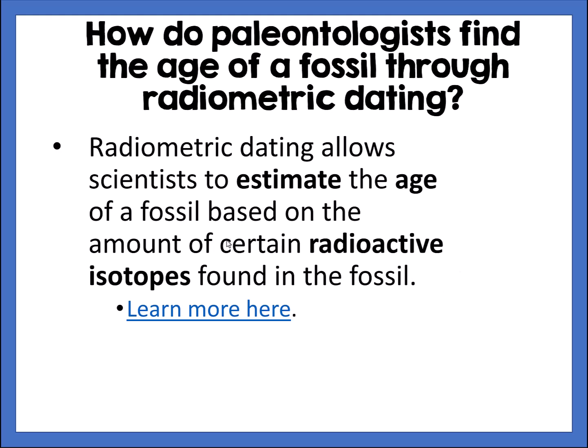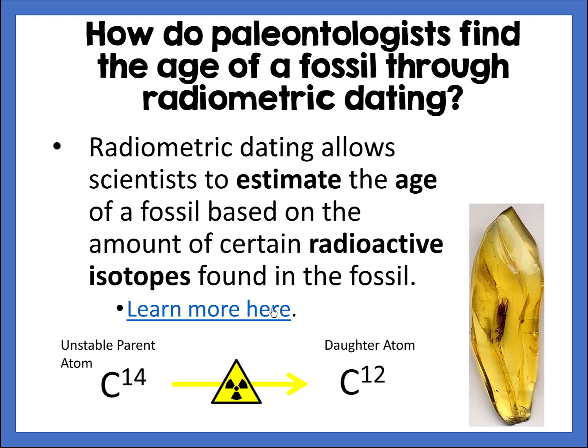And if you're following along, you can click on that link, or your teacher can. And so we're starting with an unstable parent atom, which is the definition of an isotope. It's an unstable version of an element that gradually decays over time.